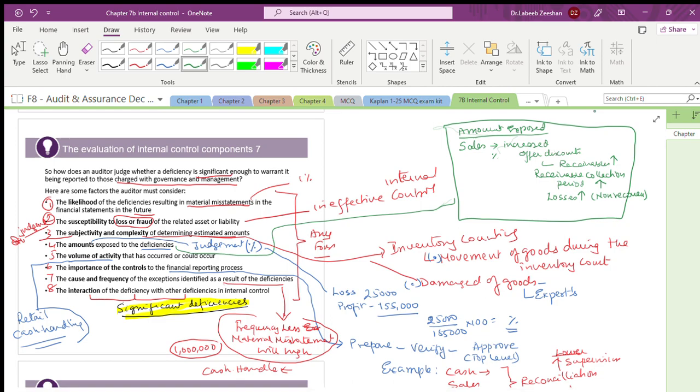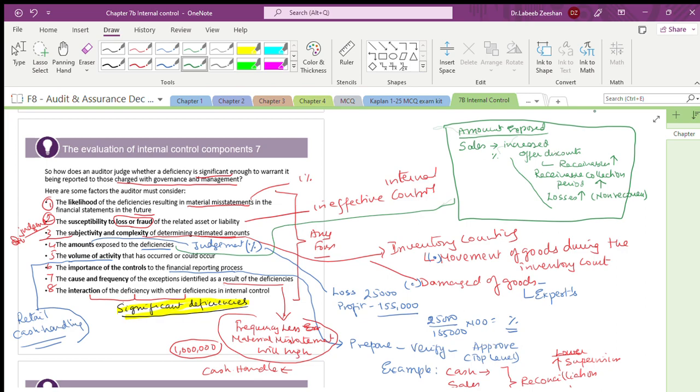This is a deficiency: you are not having controls over the discounts. You should have controls over the discount. We cannot make risk zero. Our task is to minimize the risk to an acceptable low level.